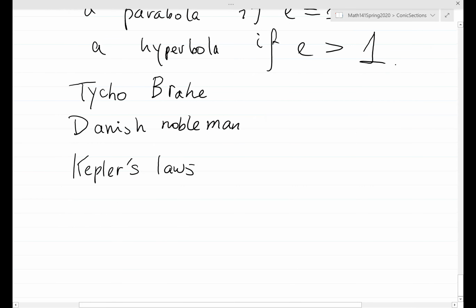Kepler's law says the following. The first law says a planet revolves around the sun in an elliptical orbit.